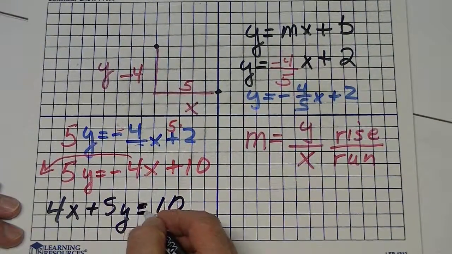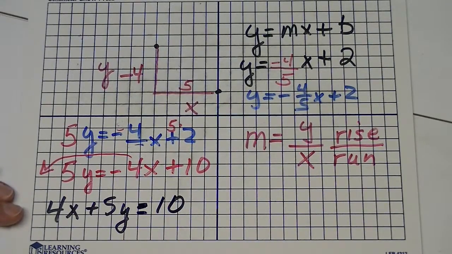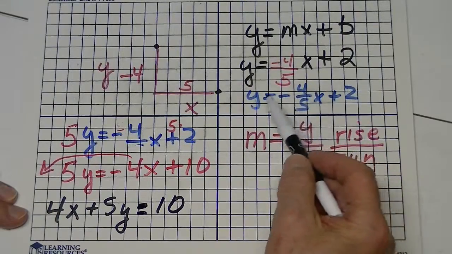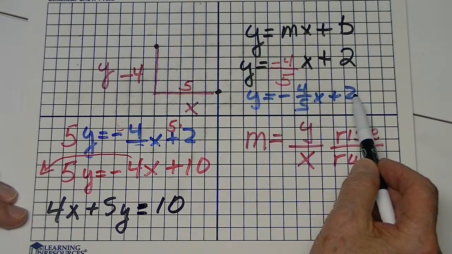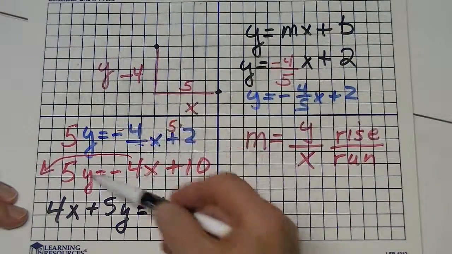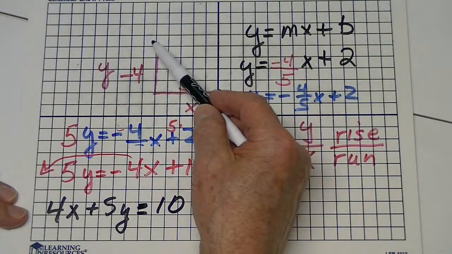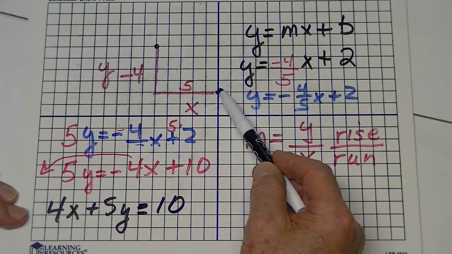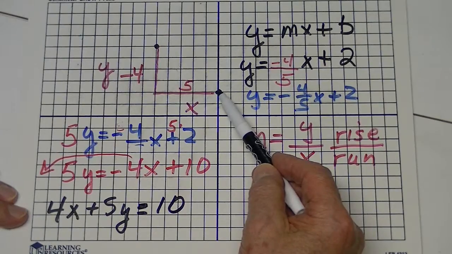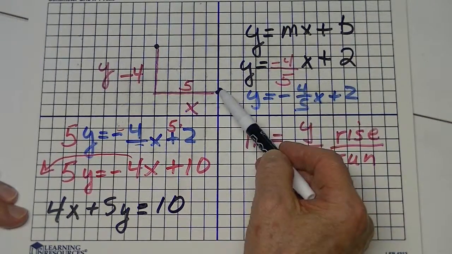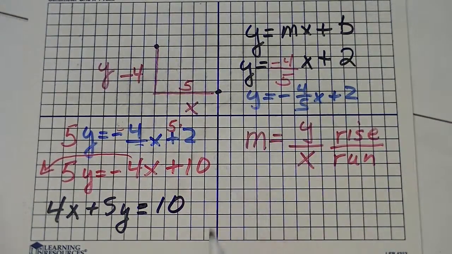And there's our equation in standard form. There's our equation in slope-intercept form. And we got all of this just by having 2 points plotted, one being the y-intercept on this whiteboard.